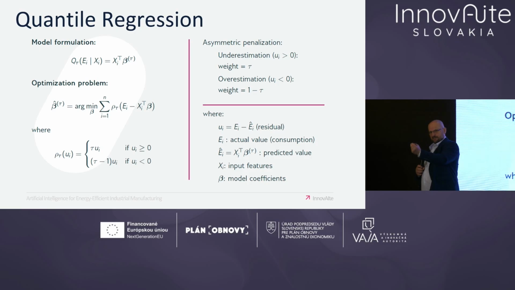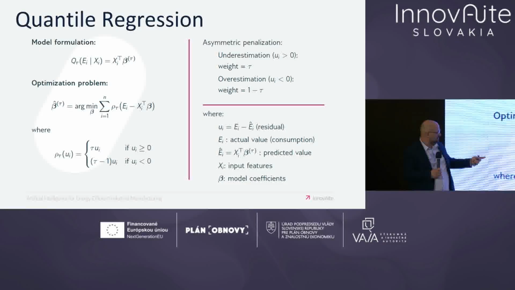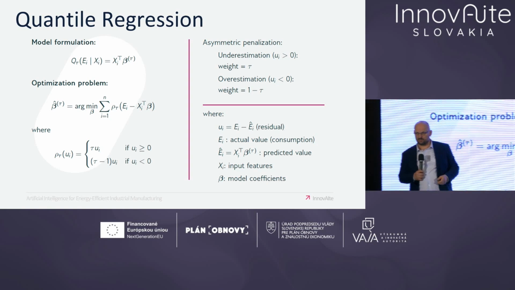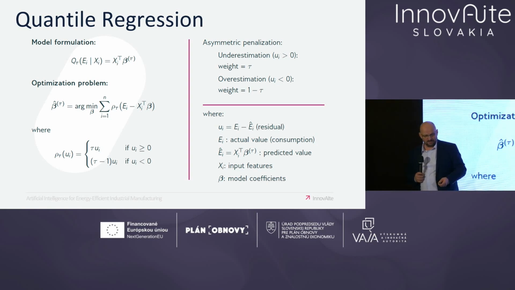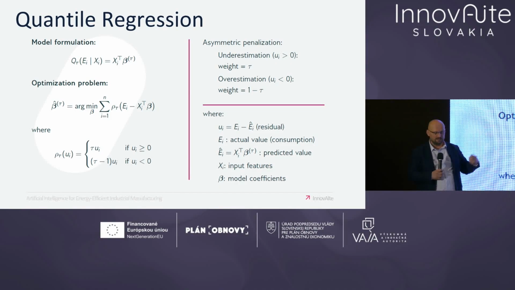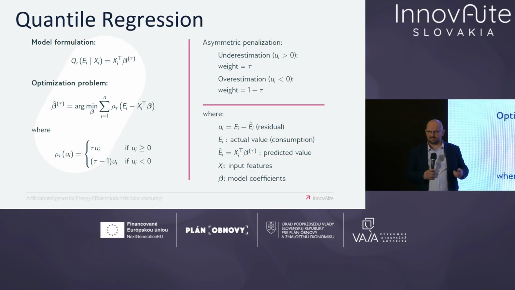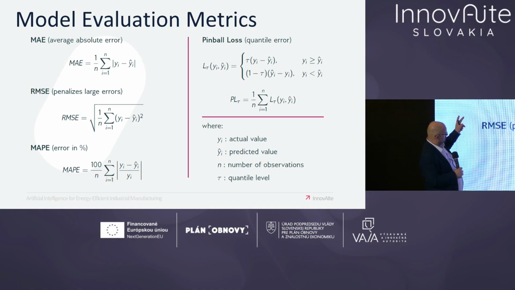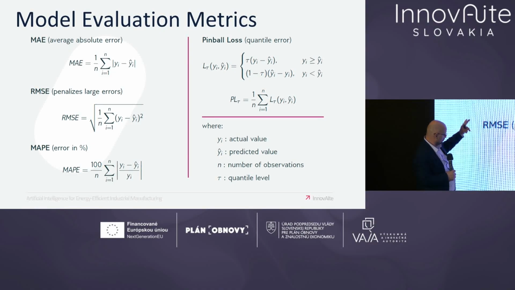And with a quantile regression, you're looking for the individual parameters to find the minimum of the function you're addressing. That's the entire principle of this linear regression. Linear regression is a quantile regression with a quantile of 0.5.